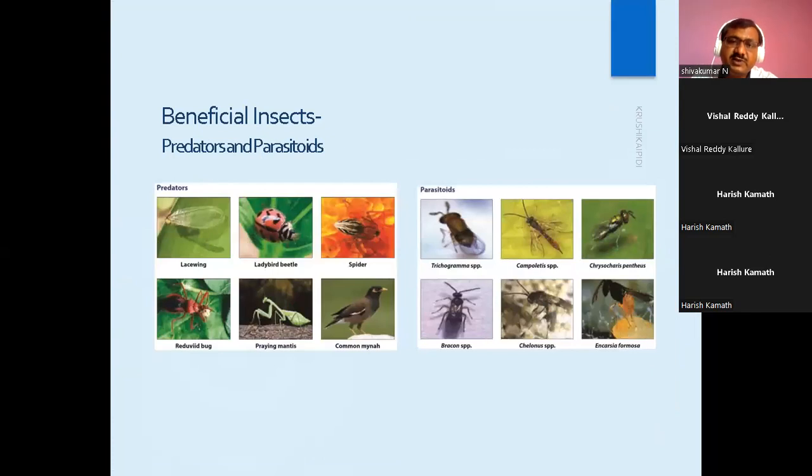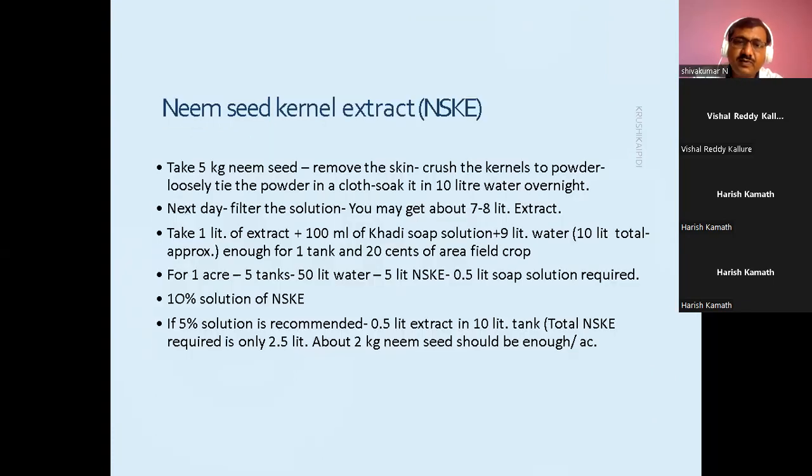There are some beneficial insects you have to identify, which will reduce the pests in your field, because not all insects are harmful. If ladybird beetles or spiders are there in your field, they will eat the worms and insects which are affecting your crop. That will reduce the pest population.